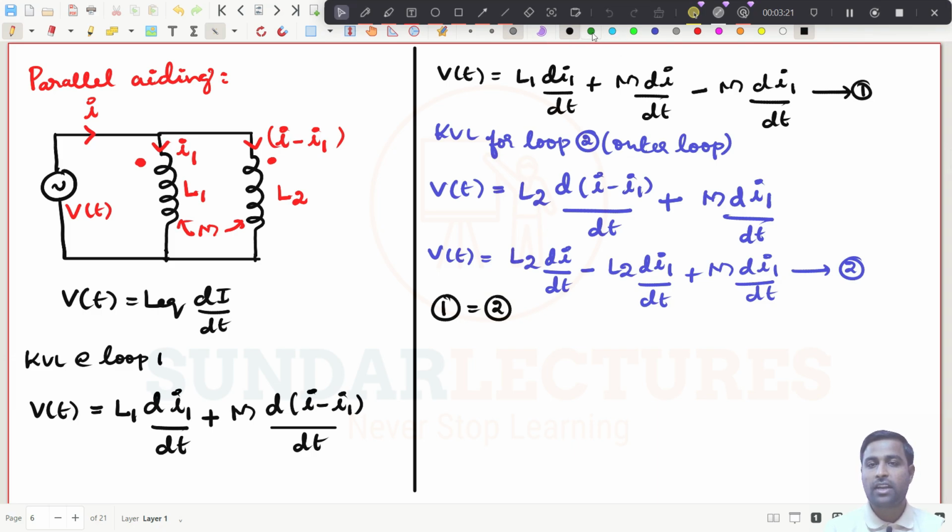And what I will get now, if I further write it down, maybe I will put this one here. See, if I do so, then I can equate these two expressions.